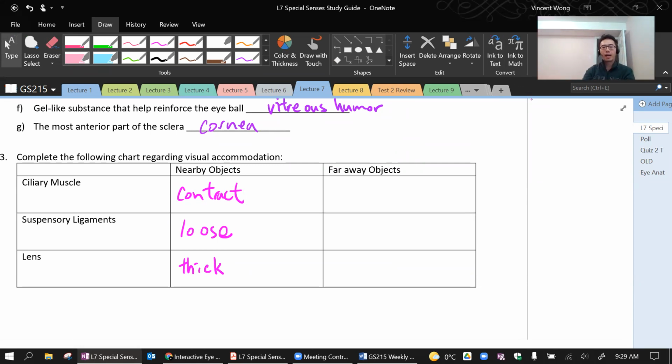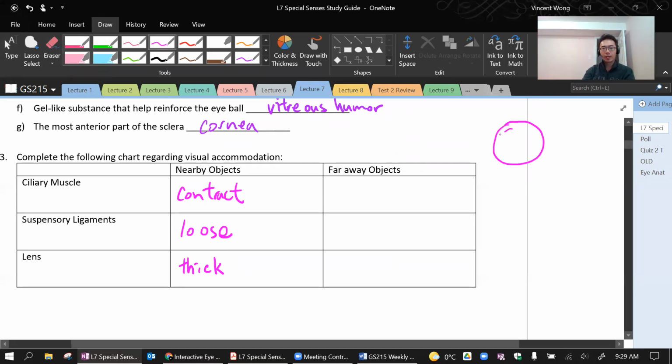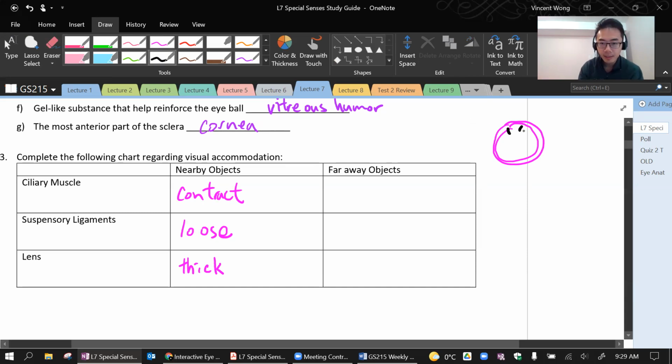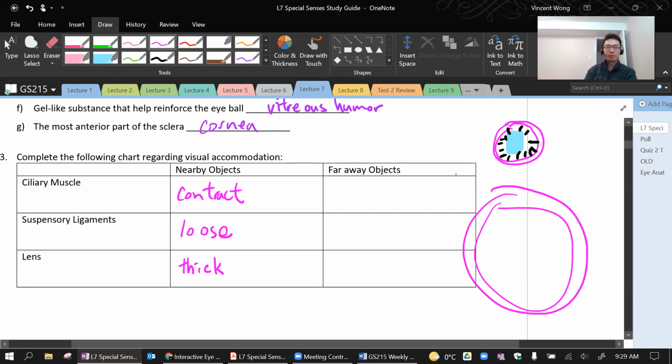Okay. So if you imagine, this is the ring. And then you have all the ligaments here. And then you have the lens in the middle. So if the ring gets bigger, then all these ligaments will get pulled on all sides, right? And then the lens will become thinner.